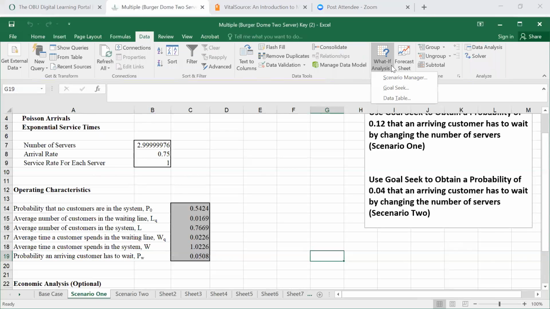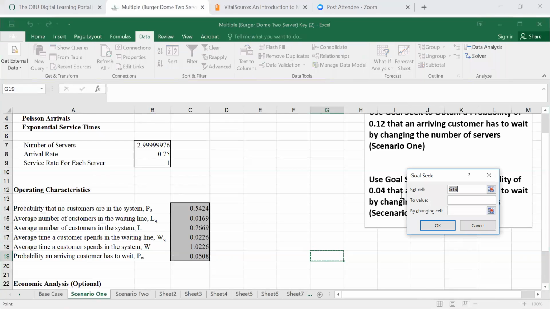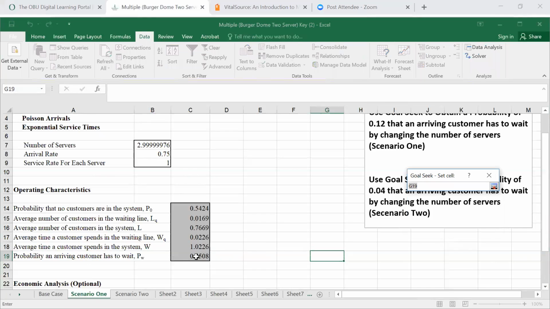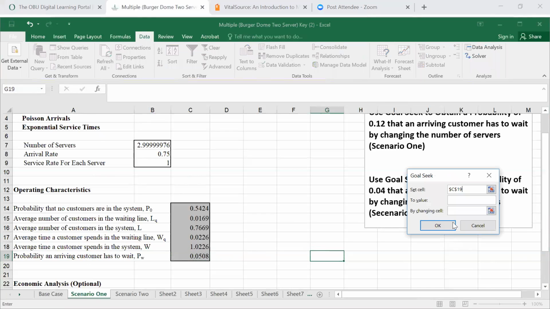Here we are, and I'm going to do Goal Seek, and we want to change that to 0.12 by changing the cell number of servers, okay?